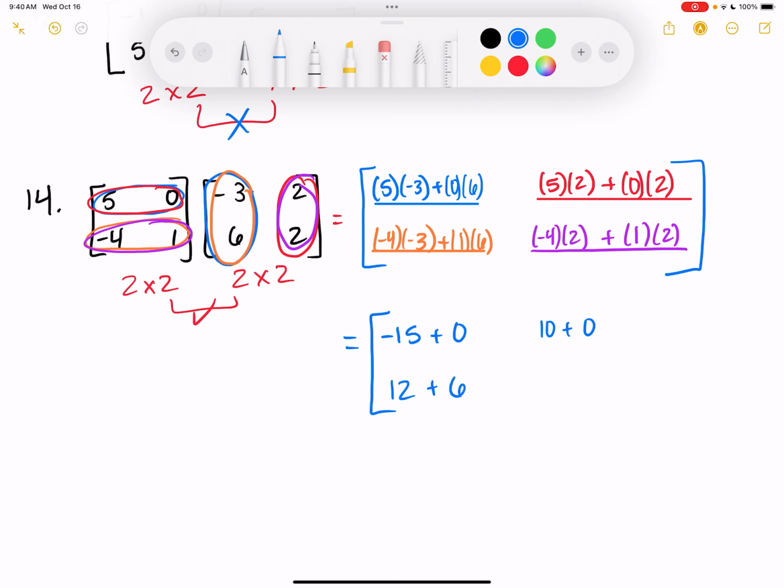And then negative 8 plus 2. So you can either start by going to this first step that I did in colors, or you can go here. This would be sufficient for showing your work. And then going to your final answer, negative 15, 10, 18, negative 6.